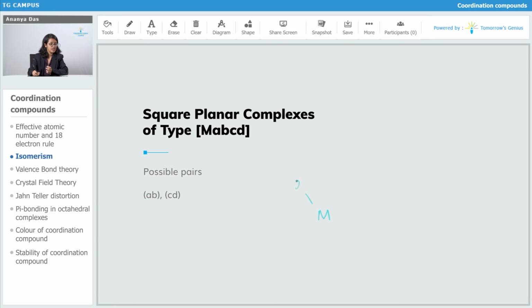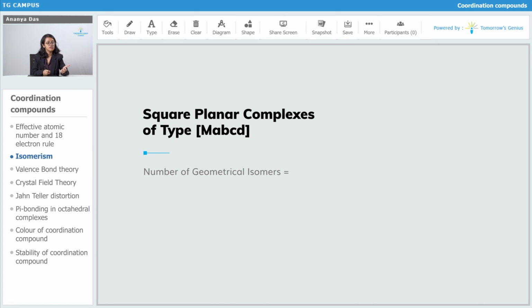In this, A is trans to B, C is trans to D. So there are no trans pairs getting repeated, and the same ligand is not trans to each other, but again this is still going to be optically inactive because the plane of symmetry passes right through all of the A, B, C, D and M, bisecting them in half. In the next, A is trans to C and B is trans to D. In the next possible pair, we have A is trans to D, B is trans to C. So the total number of possible pairs for this complex is 3.